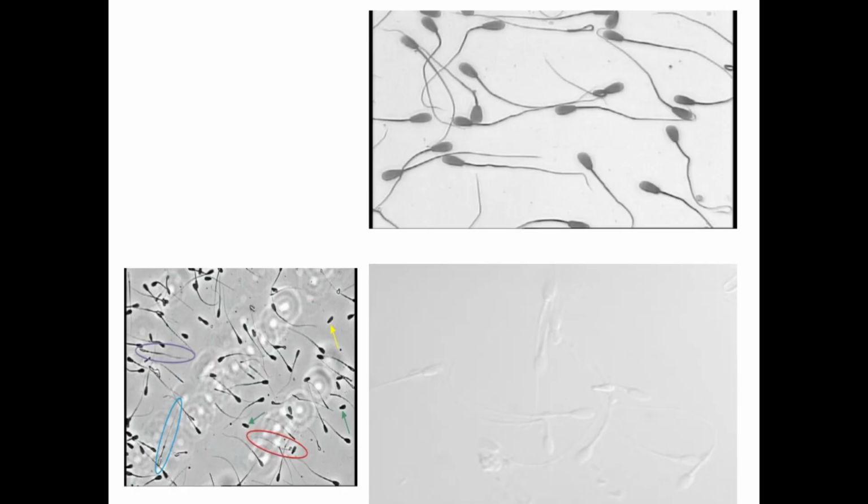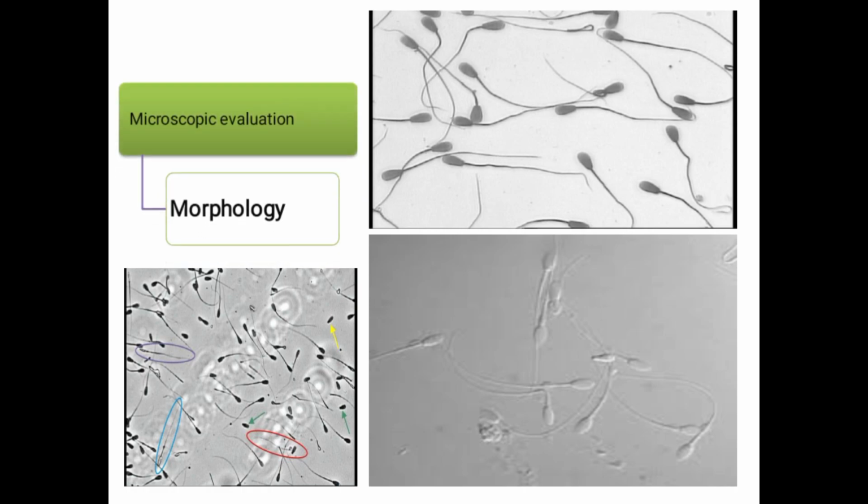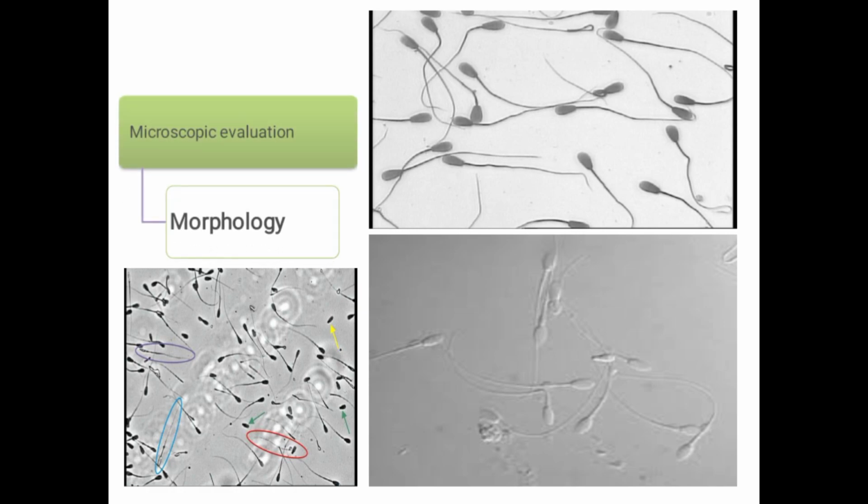Here, morphological structures are shown that include the head, neck, and the tail of the spermatozoa to evaluate the morphological changes in the sperms. While sperm morphology varies from species to species, the abnormalities are also shown in a later slide.